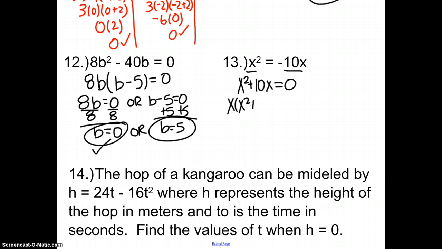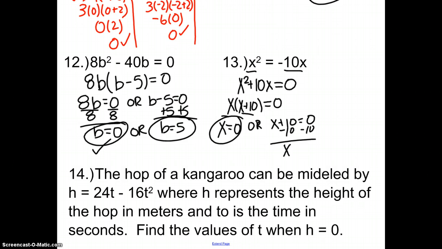So we have x times x plus 10, and that's equal to 0, so we can set each term equal to 0 now. x equals 0, or x plus 10 equals 0. The first term is already solved, so for the second term we just subtract 10. x equals negative 10 is our second solution.